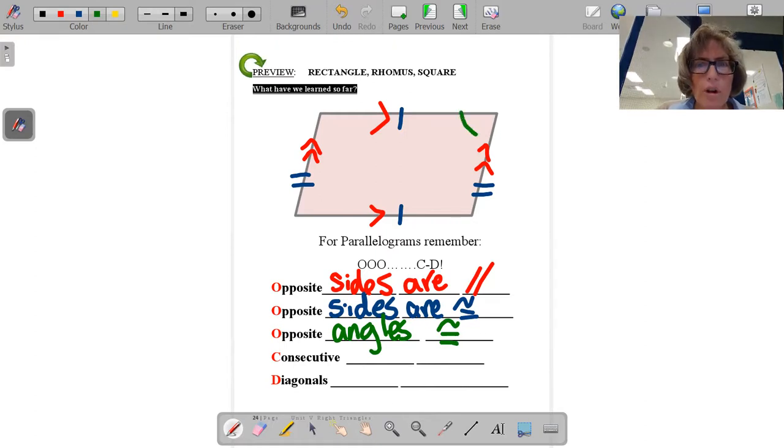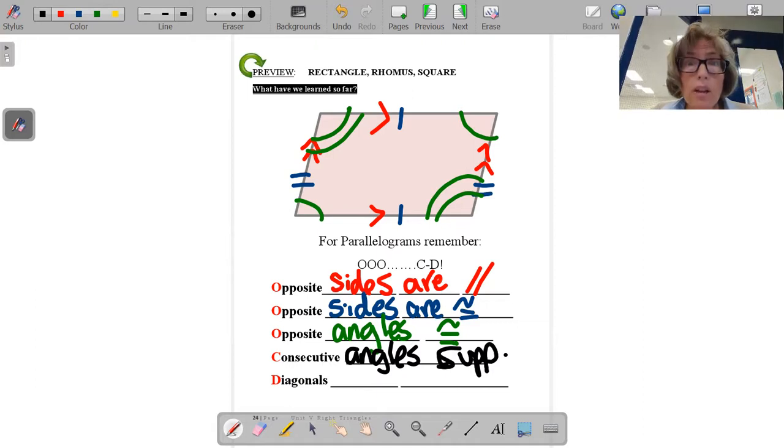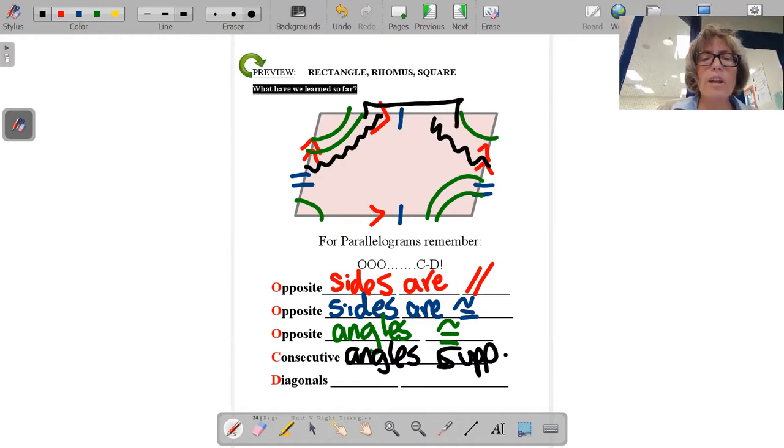Opposite angles are congruent. Consecutive angles are supplementary. Consecutive means the angles that are next to each other are going to add up to 180 because they are consecutive interior angles with parallel lines.